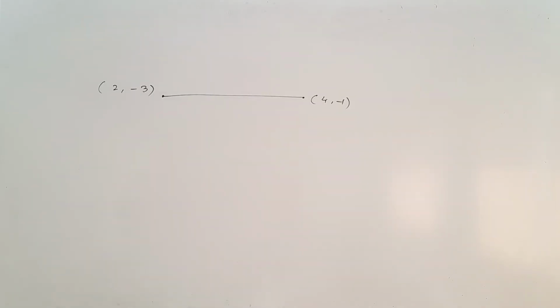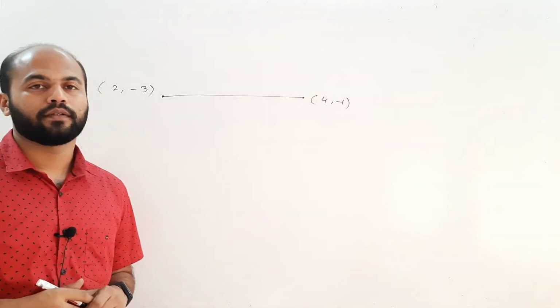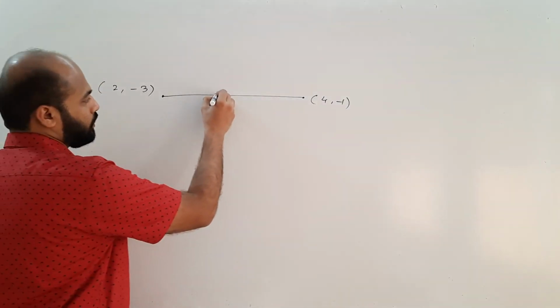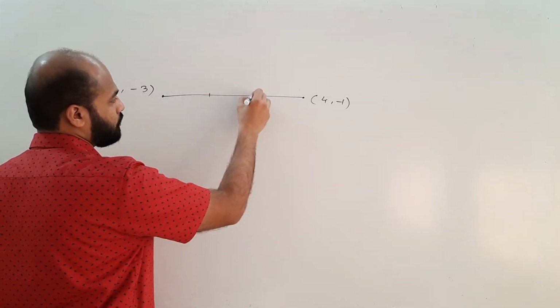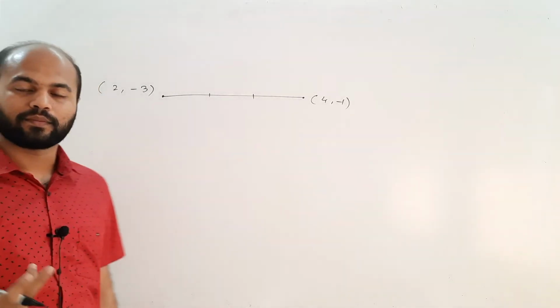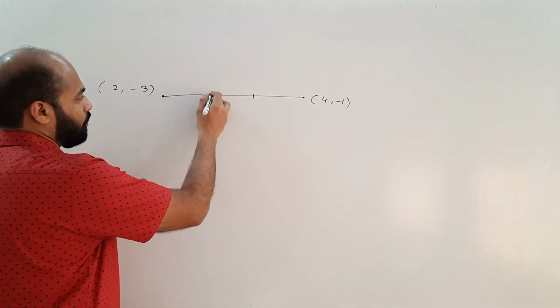The next question is something like this. There is a line segment, and for this particular line segment we have to find the points of trisection. So this is one point of trisection. That means we have to find these 2 points because they divide the line segment into 3 equal parts.